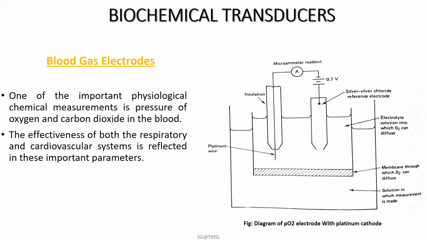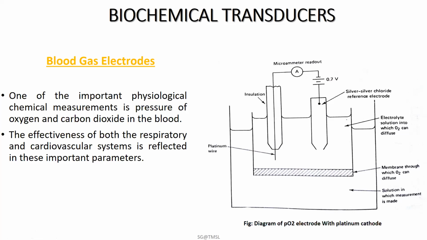Now, if a voltage of about 0.7 volt is applied between the platinum wire and the reference electrode, which is also placed in this electrolyte solution, then with the platinum wire negative, reduction of the oxygen takes place at the platinum cathode.